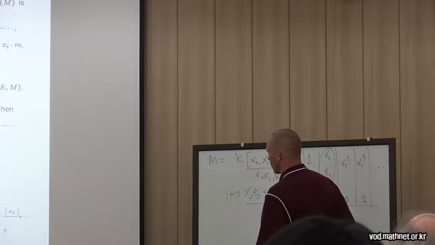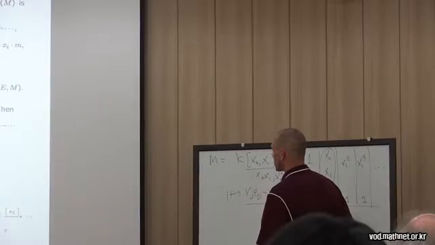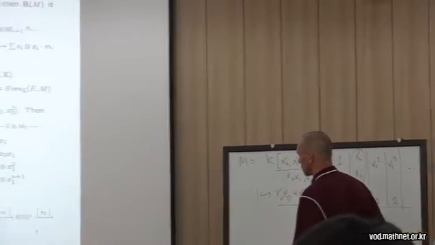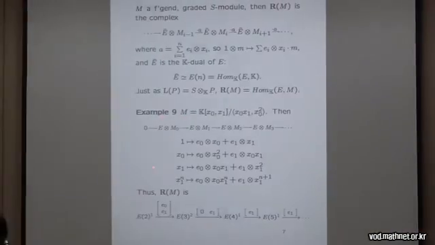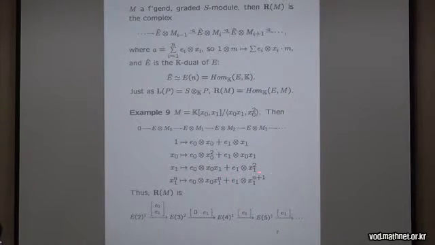This is 0, and this is 0, right? Those are both 0. And so X0 gets sent to 0, so I have a 0 for the X0. X1 goes to E0 times X0 X1 plus E1 X1 squared. And again, with respect to our ordered basis, this is 0, but this is an E1. So I get an E1 there. So that's the map. And then the rest of the way out, it's E1s, right? So this is the complex for R of M.